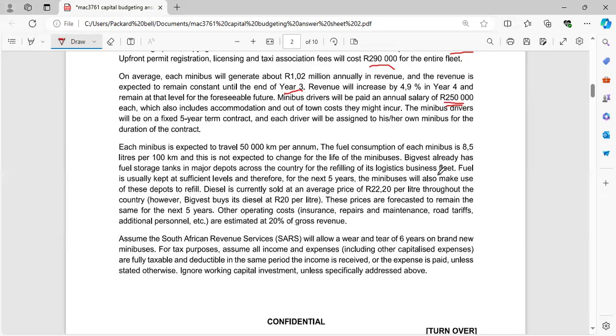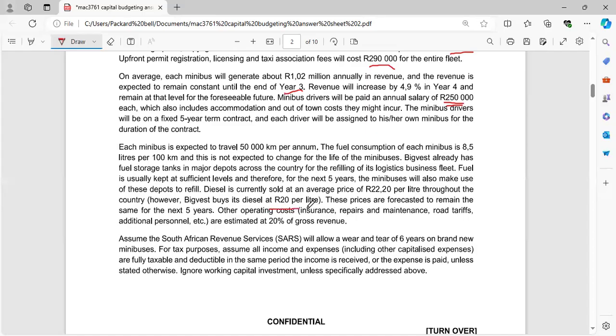So they say fuel is usually kept at sufficient levels, and therefore, for the next 5 years, the minibuses will also make use of these depots to refill. Diesel is currently sold at an average price of 22 Rand 20 per liter throughout the country. However, Big Fist buys its diesel at 20 Rand per liter.